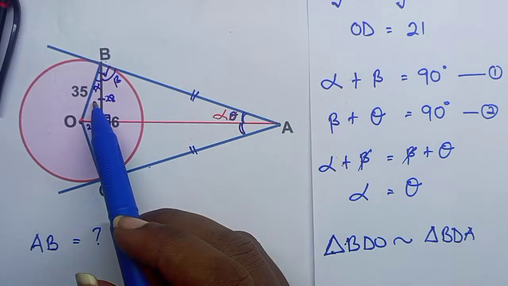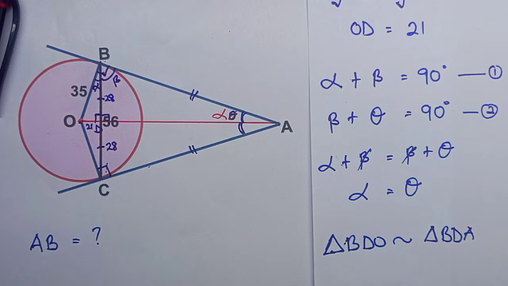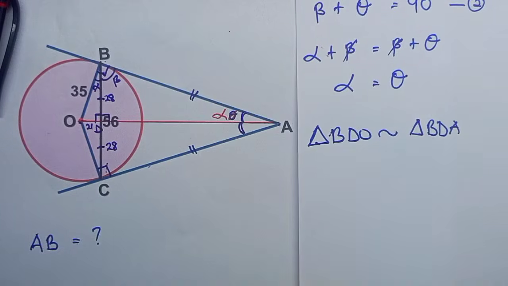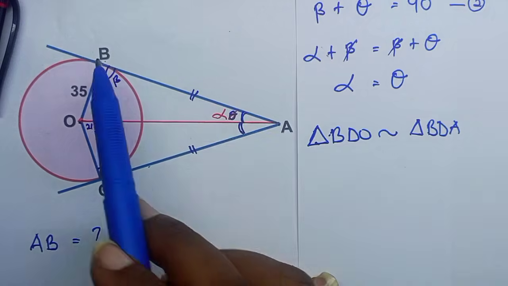This triangle is similar to this triangle, of course, using the angle similarity. Now, since they are similar, we can use proportions. So using proportions, we can now say in this one, AB.